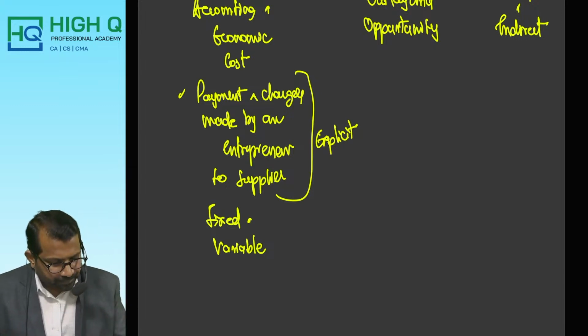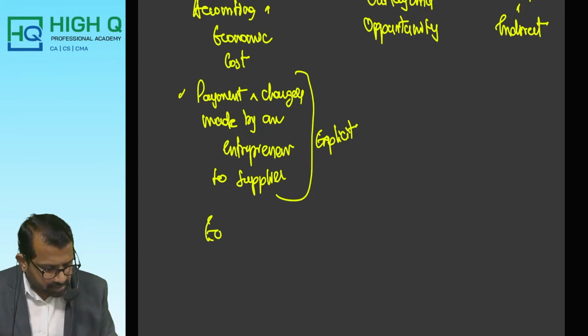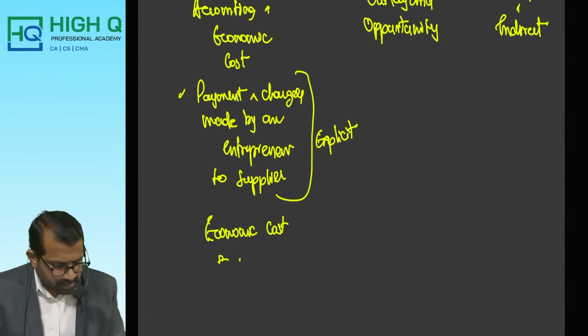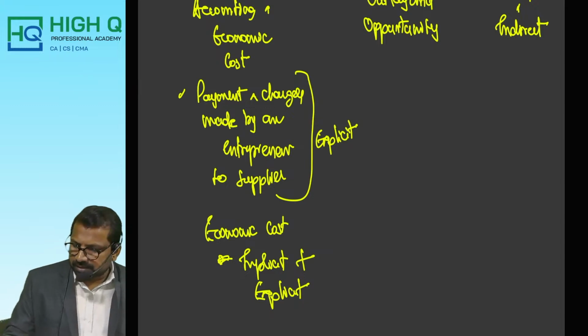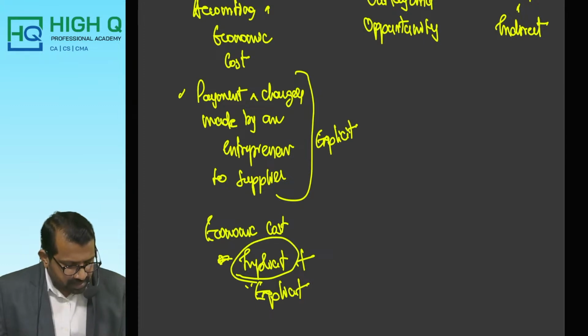Therefore, the economic cost equals implicit plus explicit cost. Now what is the meaning of implicit cost?